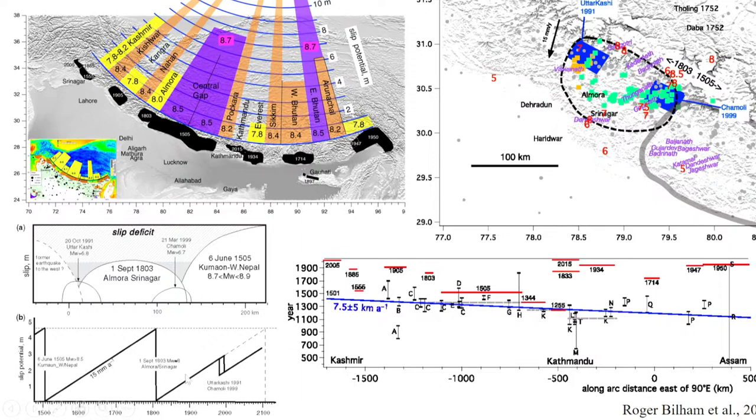Then again you can see the interseismic stage, and then 1991 and 1992 released part of the energy, and then again it has come into the interseismic stage only. So this has released a very small quantity, and again it is very potential for a megathrust earthquake.